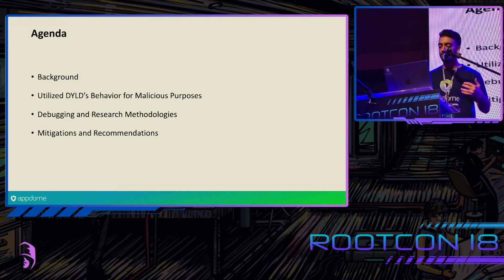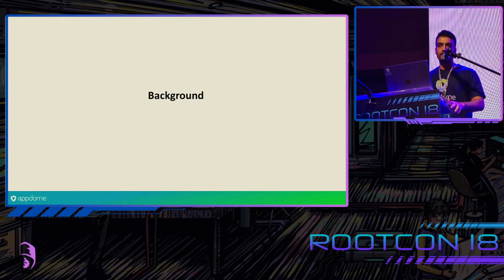In addition, I'll provide some keys to improve debugging and research methodologies, and of course end with mitigations and recommendations. So, raise your hand if you are familiar with iOS, macOS, or Mach-O formats. Well, great, then I'll explain everything.